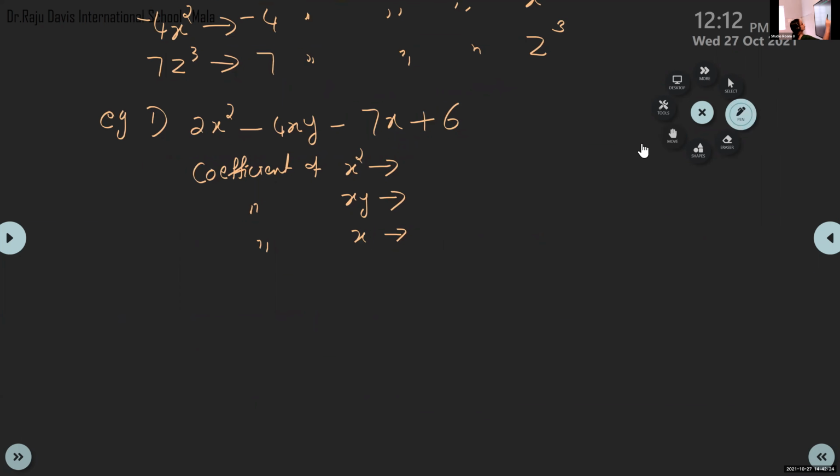What is the coefficient of x square? 2. And the coefficient of xy? Negative 4. And the coefficient of x? Negative 7. Is that clear?